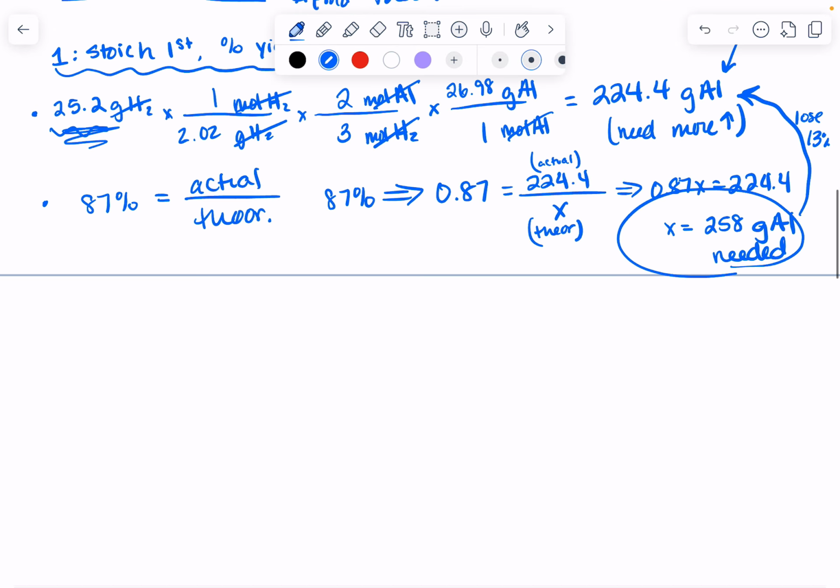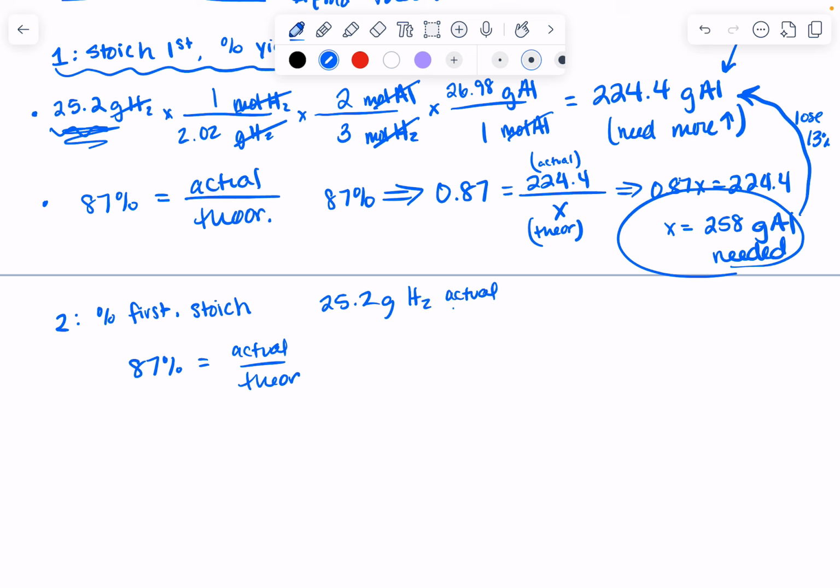Your other method of solving this, so that's method one, starting with the stoich. The other method, which is method two, is where you're starting with the percent first, and then you're stoiching after that. I don't know if that's a verb, but you're using stoichiometry after that. So in this kind of setup, you're just working in the other direction. So you know you have 87% yield, which is made up of your actual over your theoretical, and that 25.2 grams of hydrogen is the actual, right?